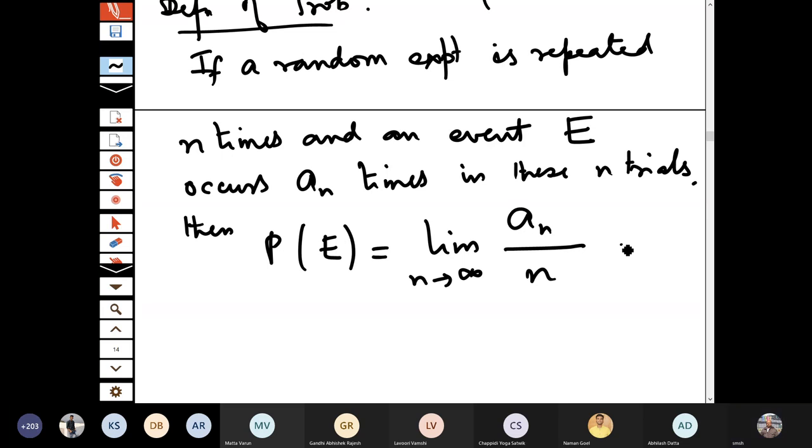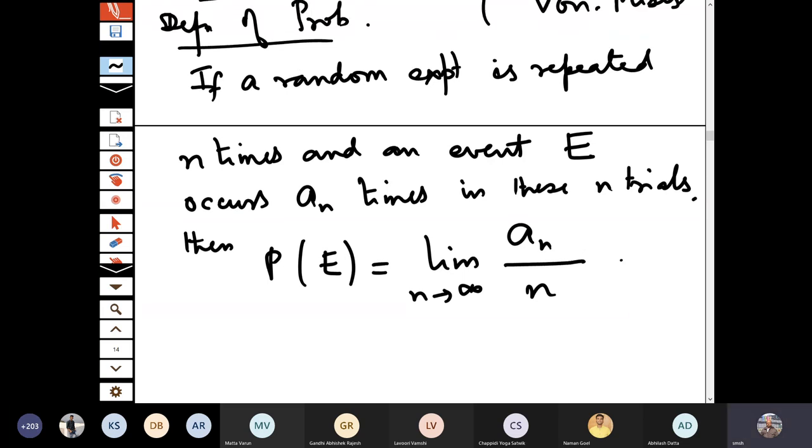So you look at the long-term ratio of the occurrence which is favorable to that event.